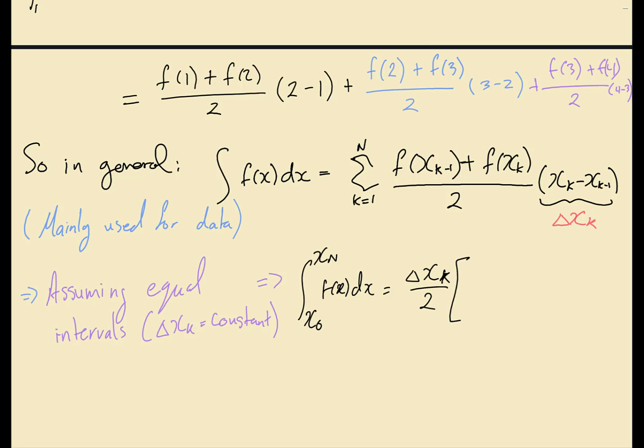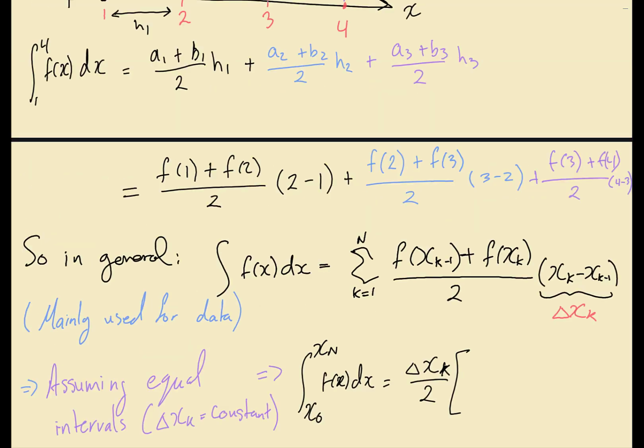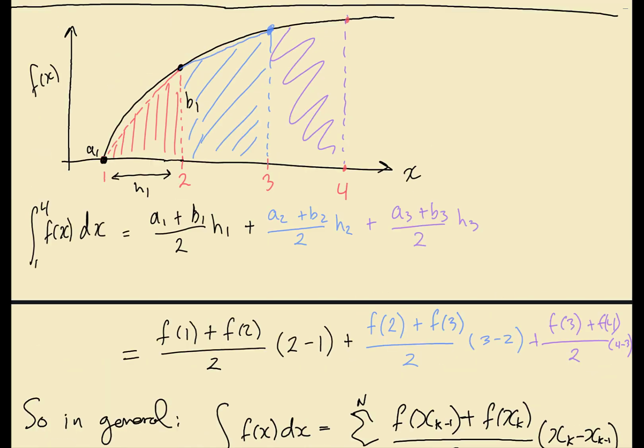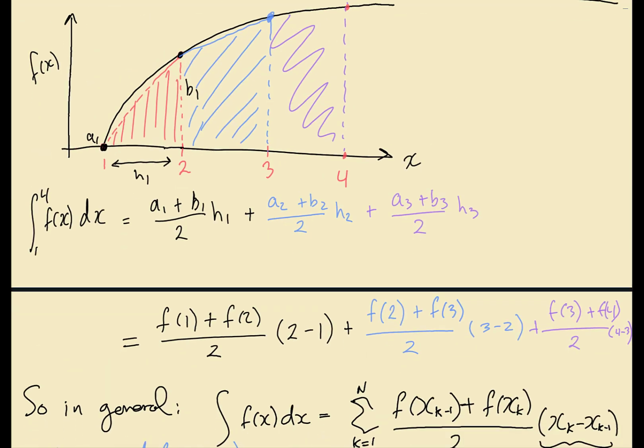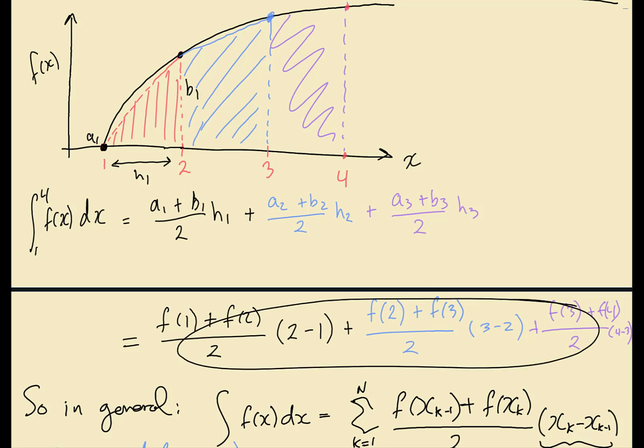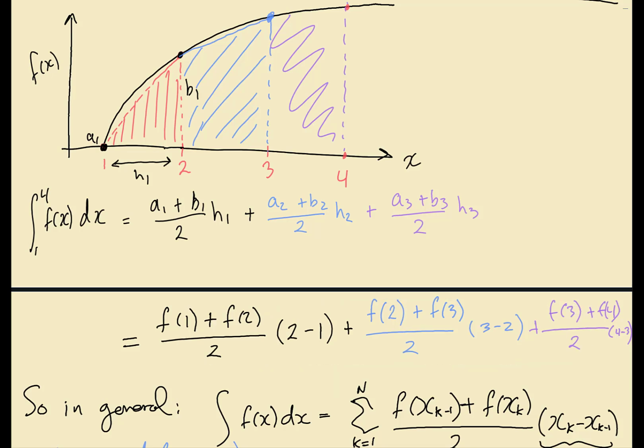But in this case, there's a pattern that is noticed. If you look up here in this problem, how many times does f at 1 appear? Once, right? We only see it here. F at 2 appears how many times? Twice, right here and here.